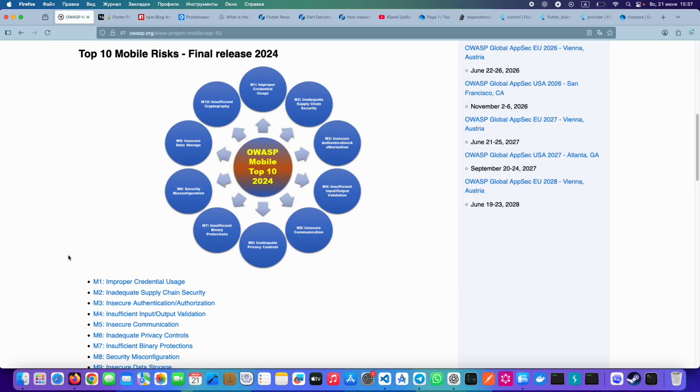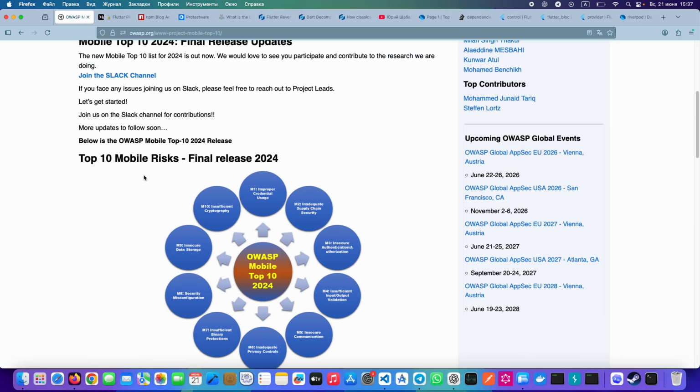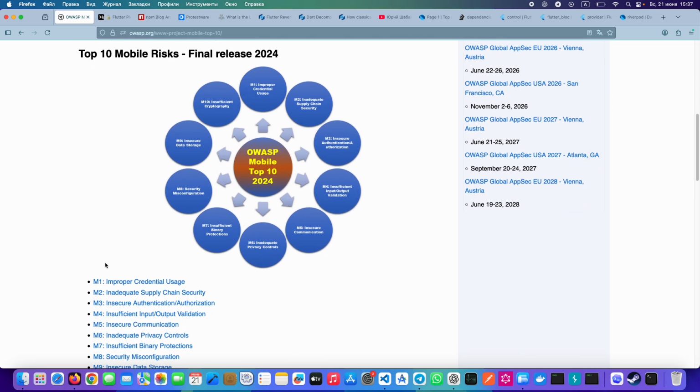Knowing the rules of inadequate supply chain security matters whether you are building a simple app or otherwise. You have to know about this, so that in the future you know what kind of risks you face.